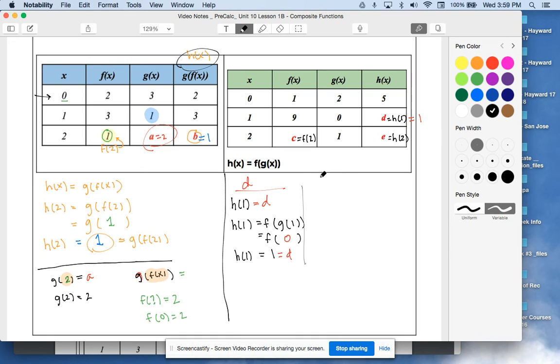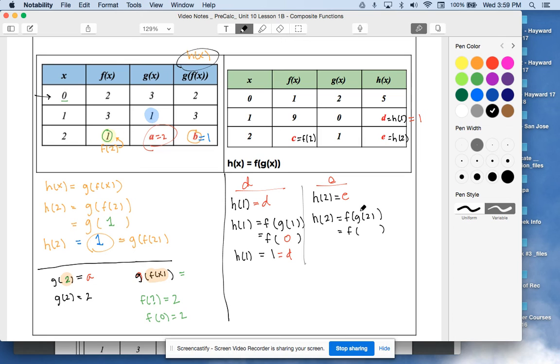So let's try e. e is the next easiest one. So e is the same as figuring out what is the output value when the input is 2, right? So h of 2, remember, given our compositional function here, h of 2 is the same as f of g of 2, because the input has to be the same. Now we just solve individually.